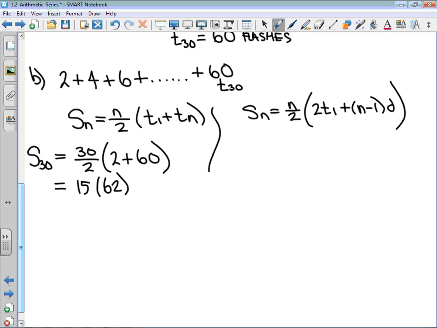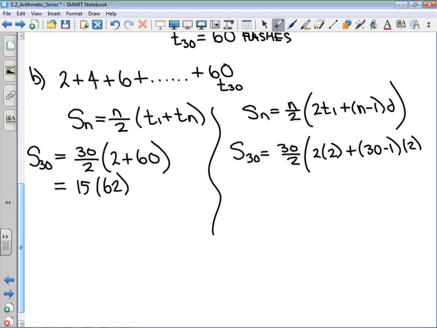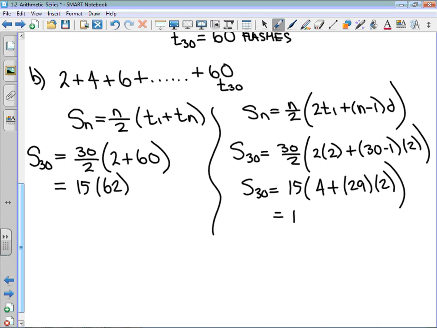We would have the sum of, again, 30 terms is 30 over 2 times 2 times 2, which is the first term, plus 30 minus 1 times the common difference of 2. This means that the sum of these 30 terms is 15 times 4 plus 29 times 2, which means that this is equal to 15 times 4 plus, that's 40, 58, and I get 15 times 62, which pretty importantly is the same, right?